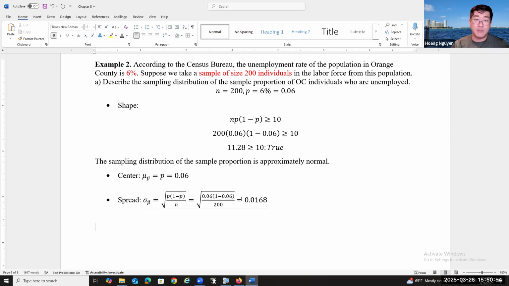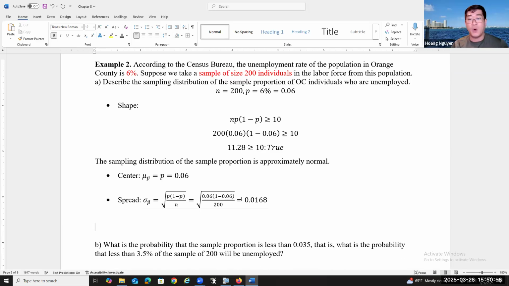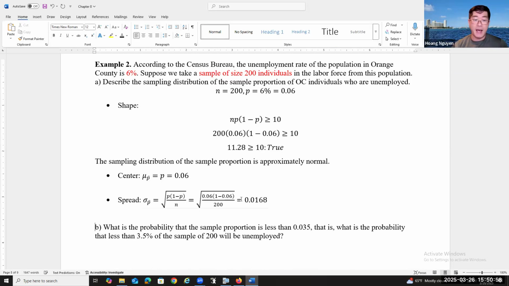Describe the sampling distribution for the sample proportion of OC individuals who are unemployed. Okay, now after we got the normal distribution, we are ready to answer the next question in terms of the probability.